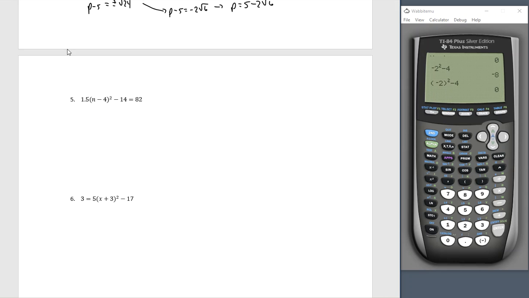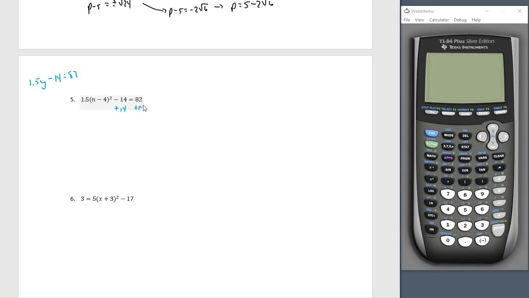All right, so we want to isolate our squared part. I want this n minus 4 completely by itself. And we think about it as 1.5y minus 14 equals 82. So I approach this whole squared thing, that's just a variable. I just want to get it by itself. So the same ideas, I'm going to add 14.